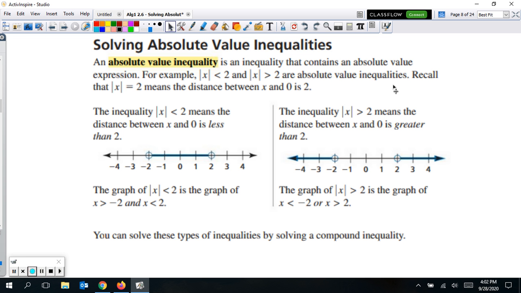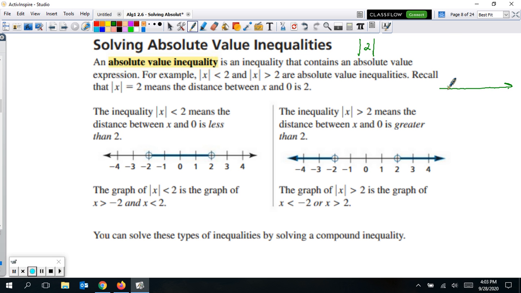Recall, with absolute value, what does that mean? It's the distance between that number and 0. So whatever's inside here, that's the distance between that number and 0. For instance, let's take the absolute value of 2.